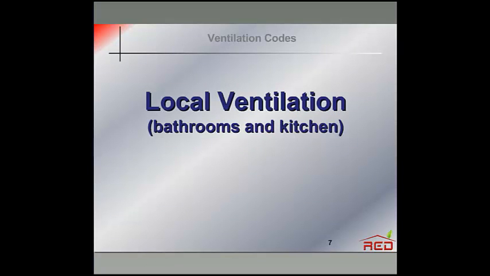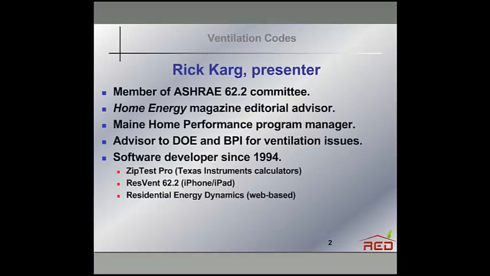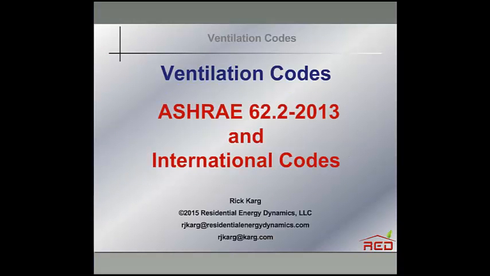All right, let me go back to the beginning here. I'm going to talk about the ASHRAE 62.2 2013 version of the standard. The adoption of this ASHRAE code is out of sync with the I-codes. As Pete mentioned, there was an I-code family released in 2012 and another one in 2015.